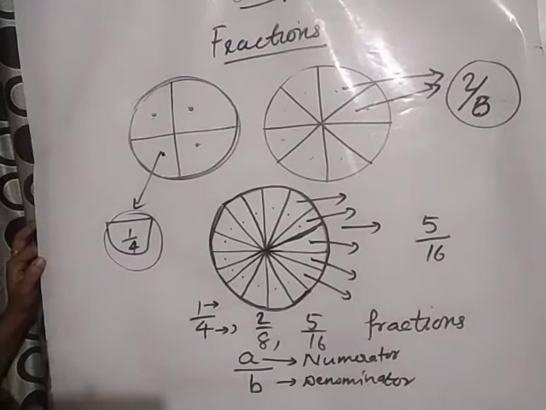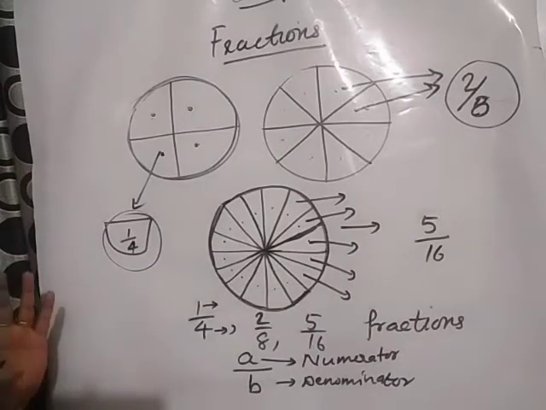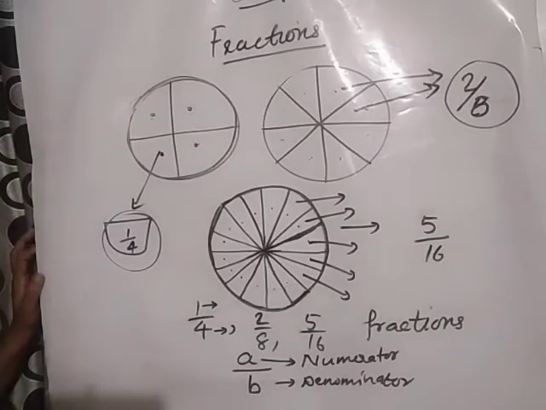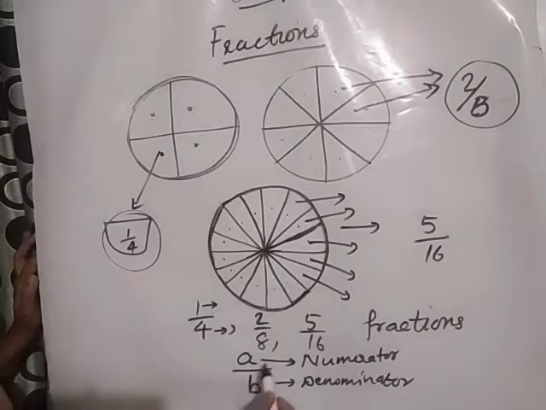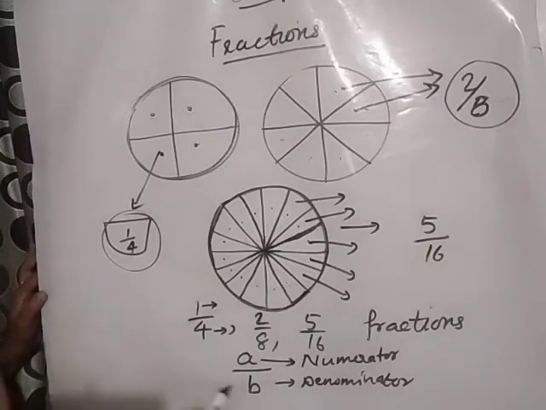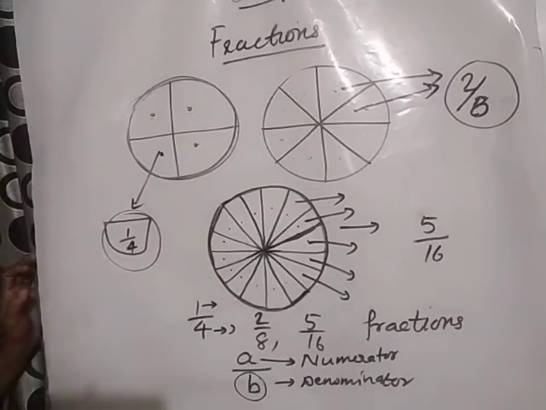Every fraction can be expressed as A by B, and this A and B are integers and B can never be equal to 0. That means the denominator can never be equal to 0.